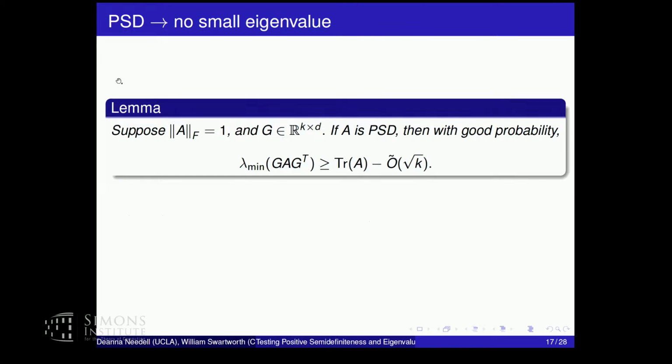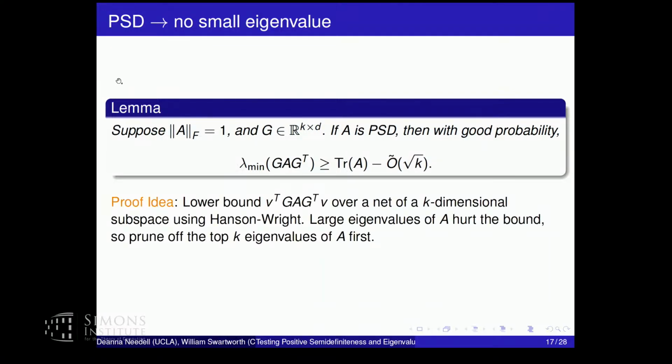On the other hand, what you can show is that if A is PSD, then actually all the eigenvalues of GAG transpose are within additive root K from the trace. And this uses a net argument. In fact, we only need the lower bound here because we're going to look at the minimum eigenvalue of the sketch as our distinguisher.